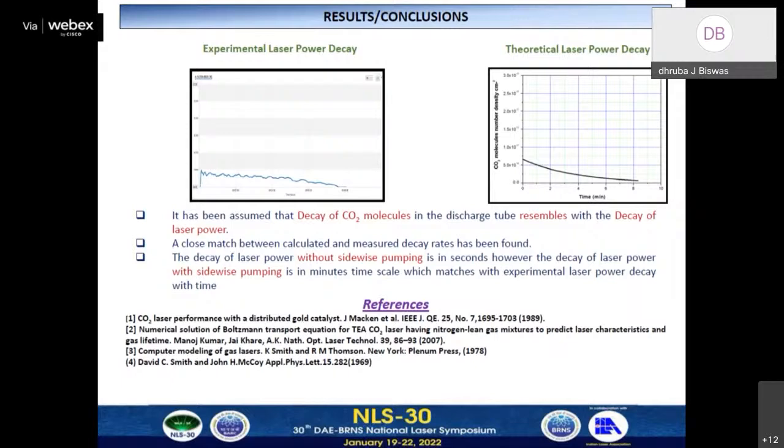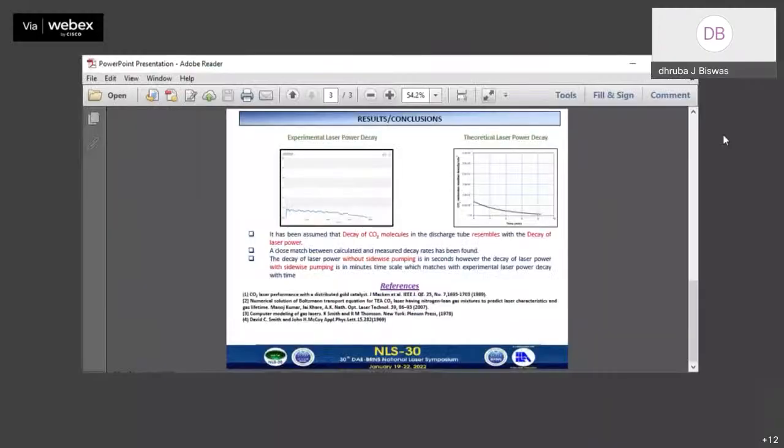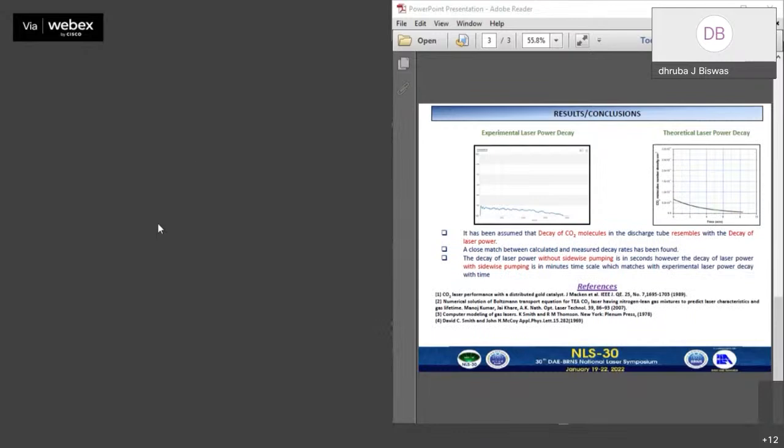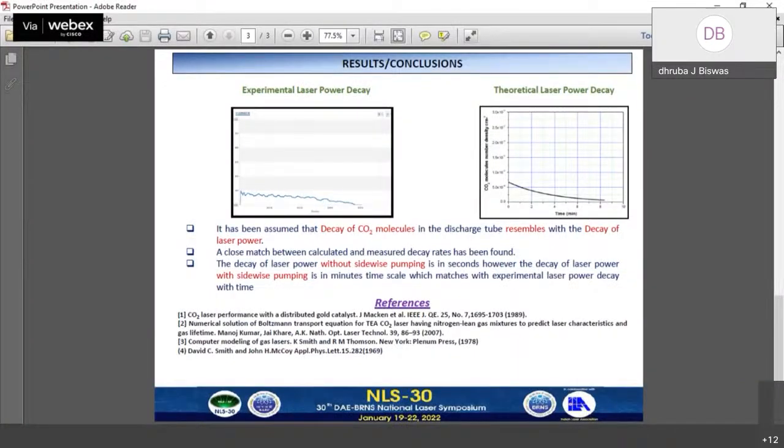I have a question. If you add some CO to begin with, a little quantity of CO, then your dissociation will be much less in the equilibrium. Sir, we don't require the CO. We require the CO2 for the lasing condition.